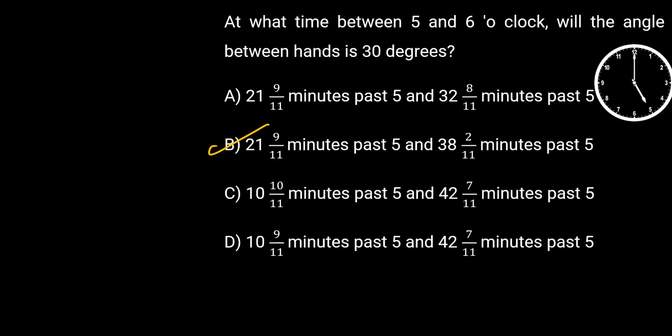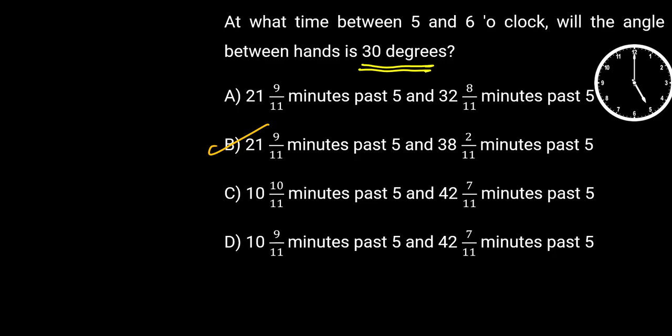Now, listen, guys. The question is not a right angle. For a right angle, how much angle is required? 90. Opposite means 180, coincide. But the question here is 30 degrees.